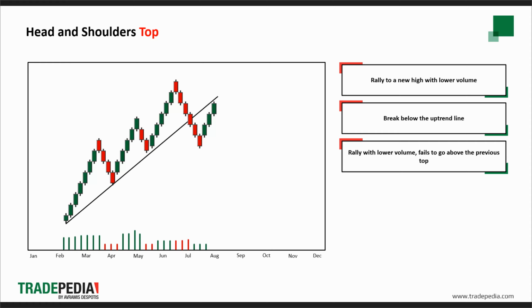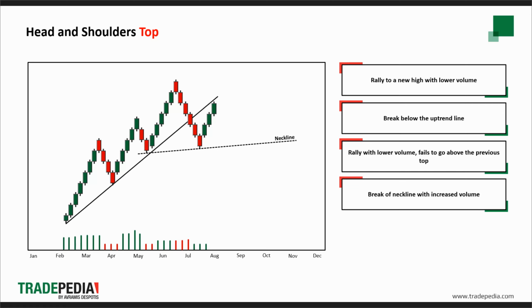This should be accompanied by a lower volume, to form the right shoulder. You join the two lows, the two valleys, and you will form the neckline. The head and shoulders pattern is confirmed when there is a close below the neckline with increased volume.